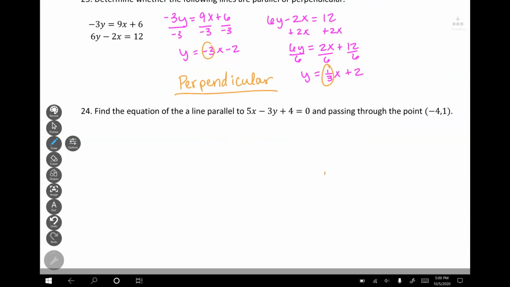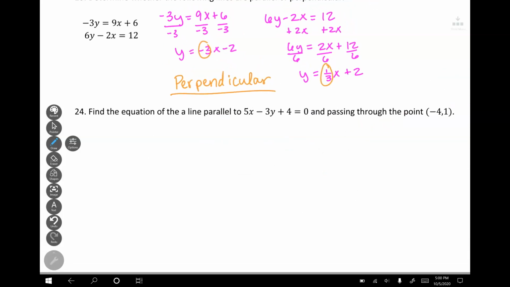And our last question for 2.2. Find the equation of the line parallel to this line and passing through this point. Okay, so if our line is parallel to this line, then that means they have the same slope. So what we can do is solve this one for y so that it's y equals mx plus b, and that will tell us our slope. So I'm going to subtract 5x and the 4, move those to the other side.